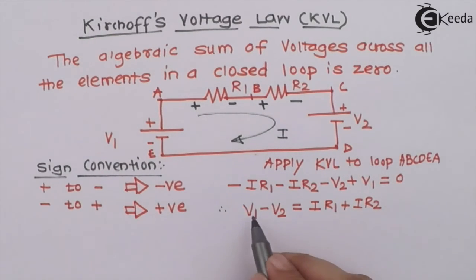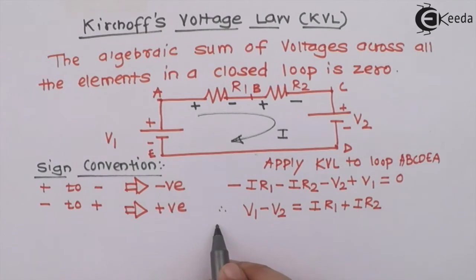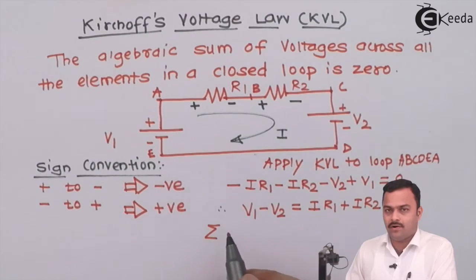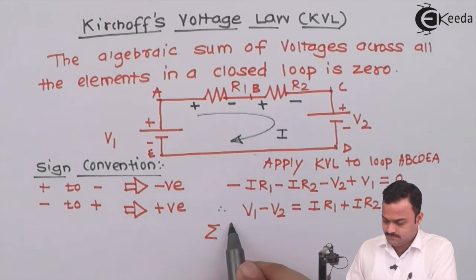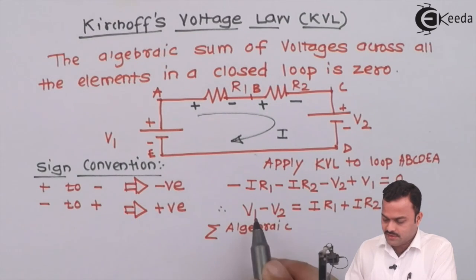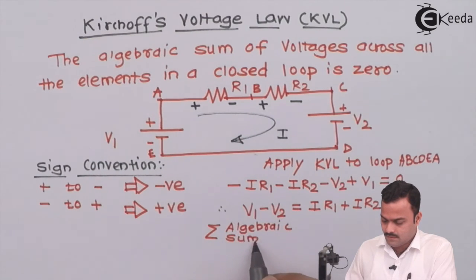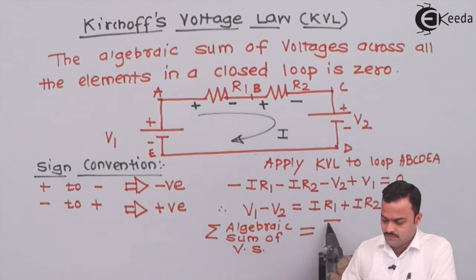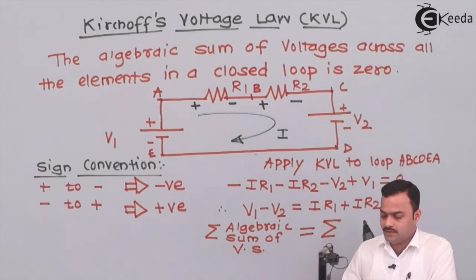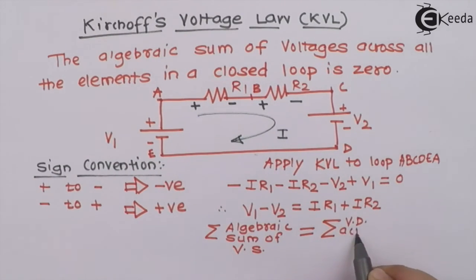So V1 minus V2 is actually an algebraic sum of voltage sources. Why algebraic? Because here the sign is also coming into the picture. So it's an algebraic summation of all voltage sources equal to the summation of IR1 and IR2, which are nothing but voltage drops across resistors.